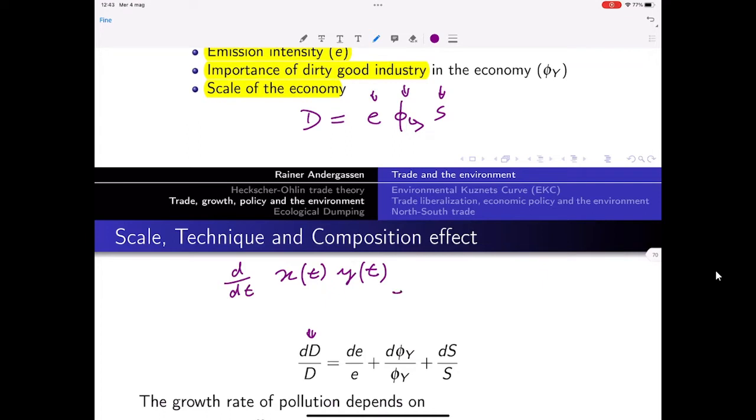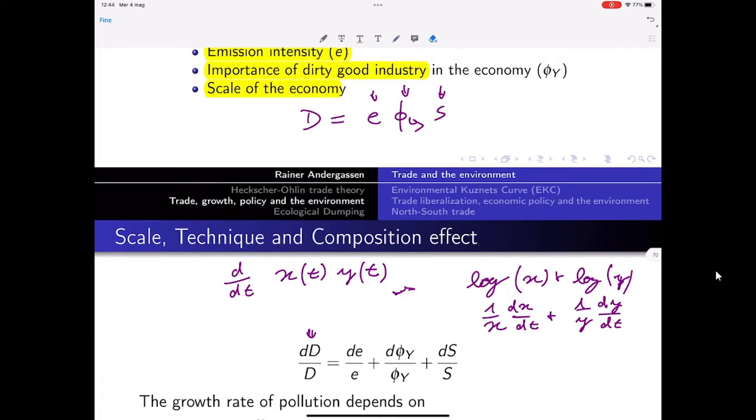So what you can do is the following. First of all, take logs. In this case, this is going to be log x plus log y. Then you take just the derivative of this with respect to time, and that's 1 over x times the time derivative, dx over dt, plus 1 over y dy over dt.